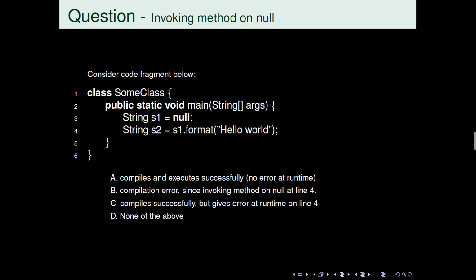The reference is null, so null is not the correct option. Error at runtime at line 4, that is C. We are talking about C, right? Anyone else has any other answers?